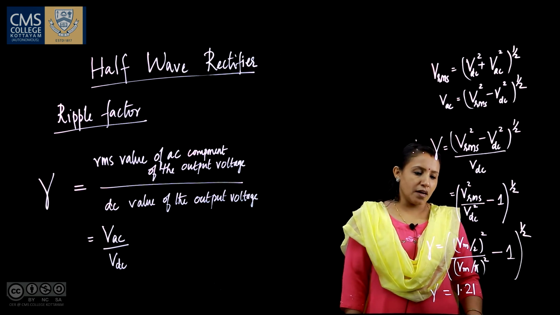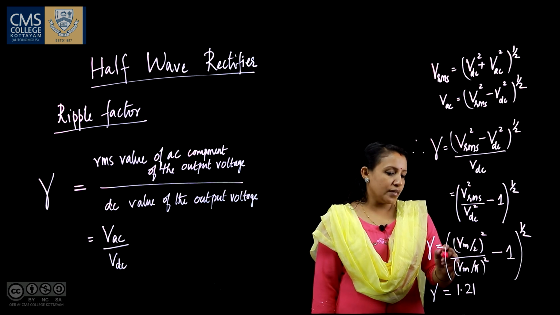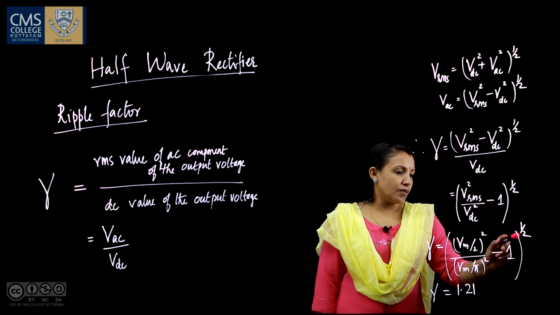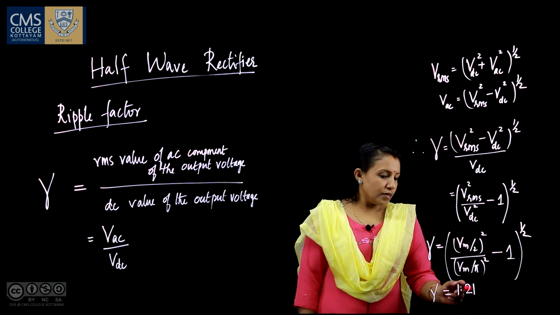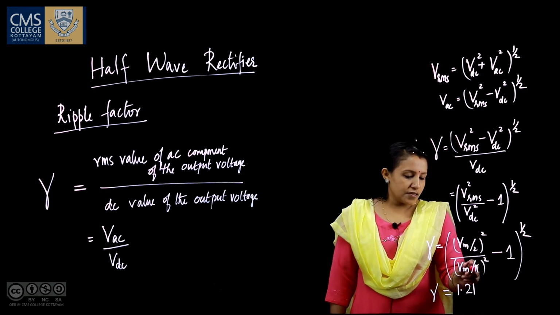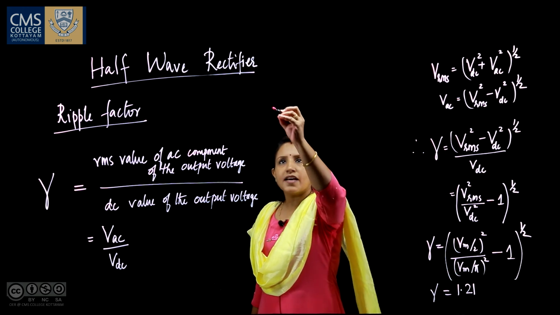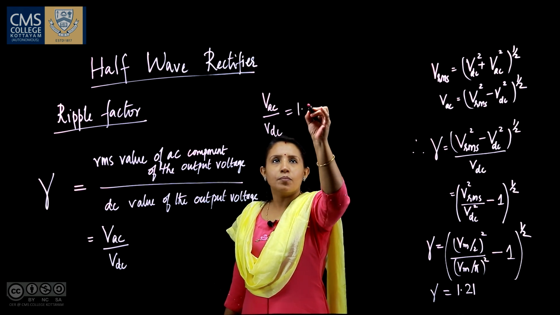Substituting VRMS as Vm by 2 and VDC as Vm by pi, gamma is equal to Vm by 2 the whole square divided by Vm by pi the whole square minus 1, whole raised to half. Vm cancels out, and substituting the rest of the values, you get gamma equal to 1.21, which means that VAC divided by VDC is equal to 1.21.